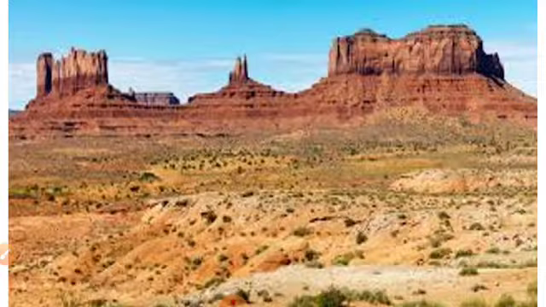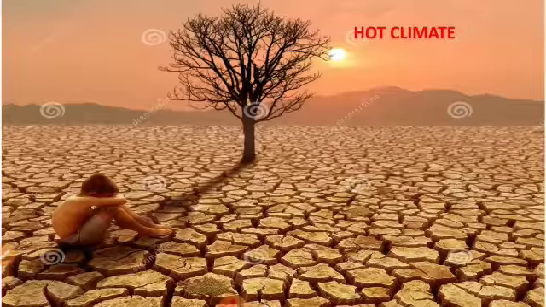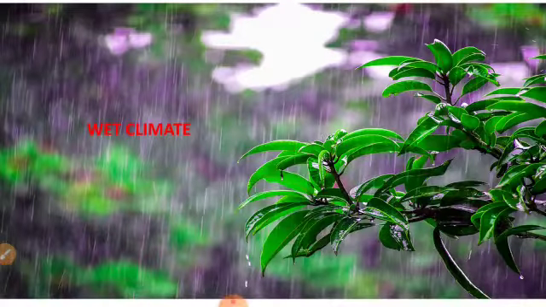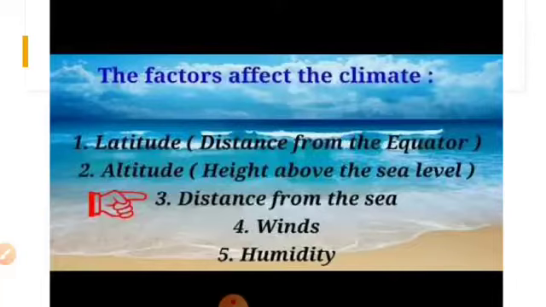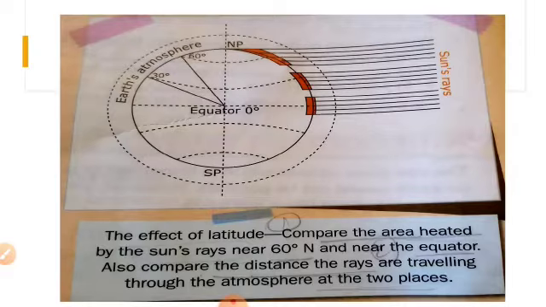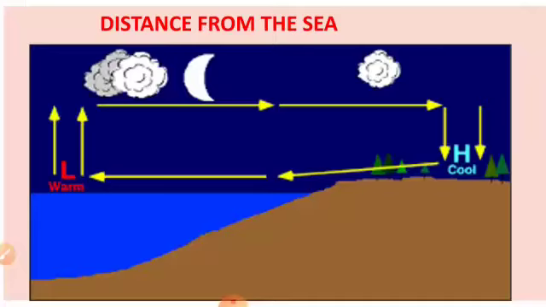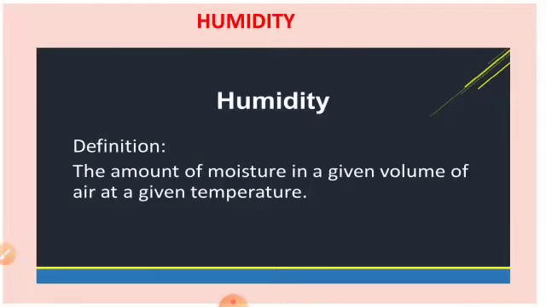A place may be said to have a dry climate, very cold climate, hot climate, or wet climate. We had also discussed factors influencing climate: latitude, altitude, distance from the sea, humidity, and winds.